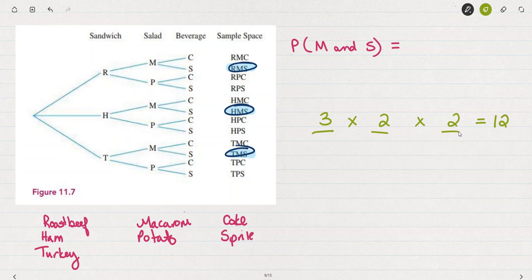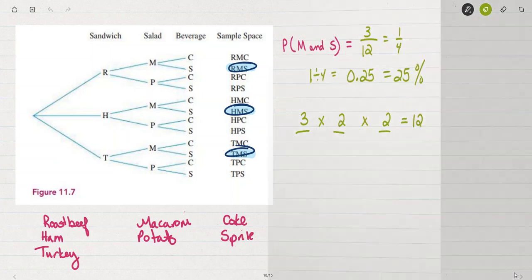There's 12 elements in the sample space. 3 of those elements include a macaroni and Sprite. So 3 in 12, or 1/4, 1 divided by 4 gives us 25 hundredths. Multiply by 100 to get 25%.